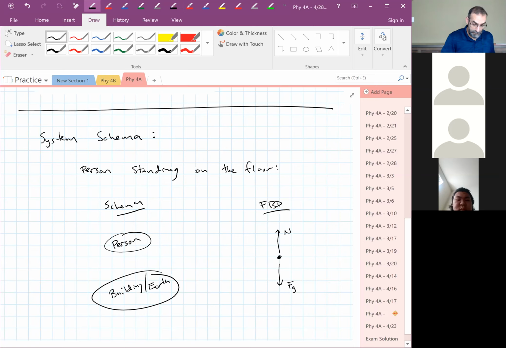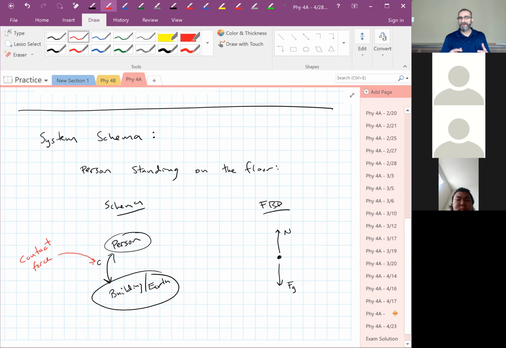The person has an interaction with the earth that's a contact force, because of the touching. Usually when we think about forces, there's a contact involved. Somebody comes up and pushes on your shoulder, you feel that force.